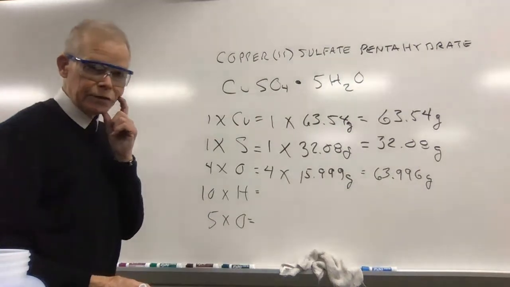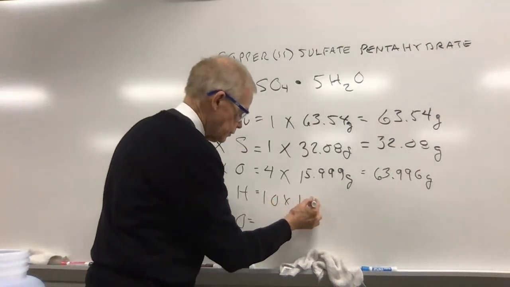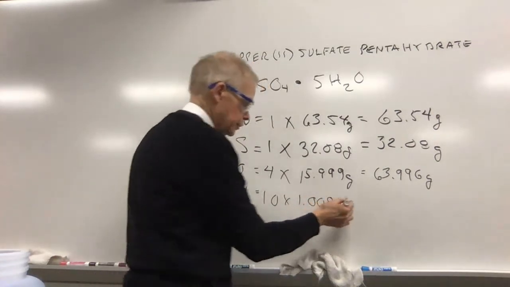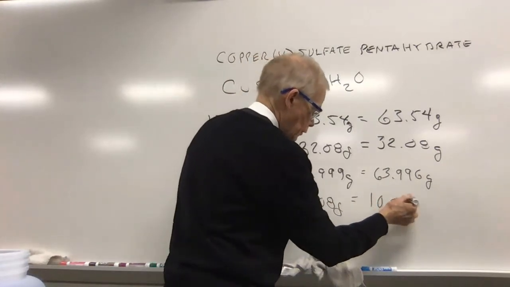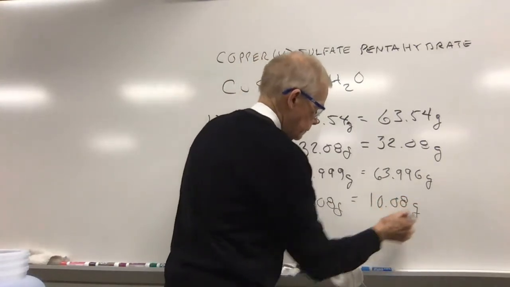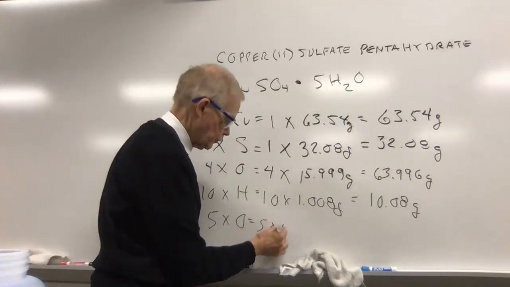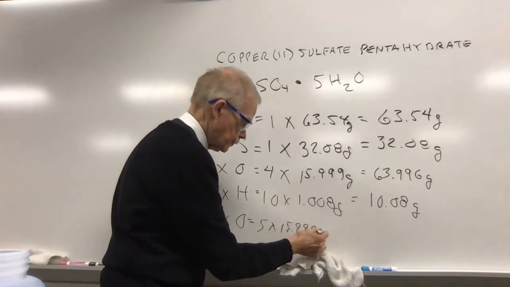And then my 10 hydrogens, 10 times 1.008. This one's easy, just move the decimal point. 10.08 grams. And then for my final one, I'm going to multiply 5 times 15.999 again. Grams.